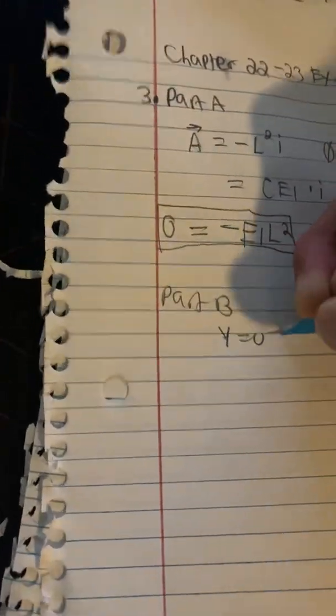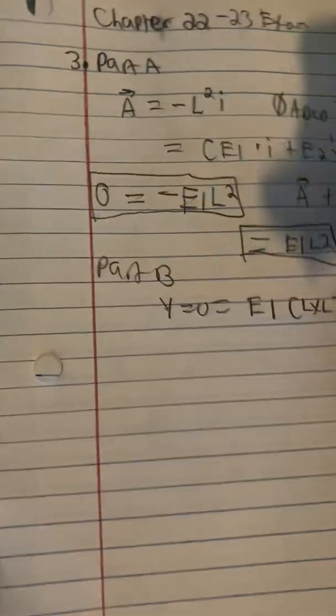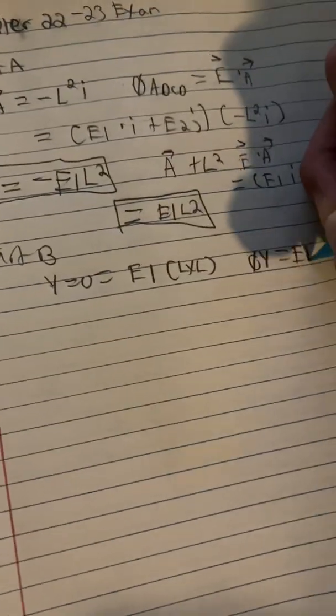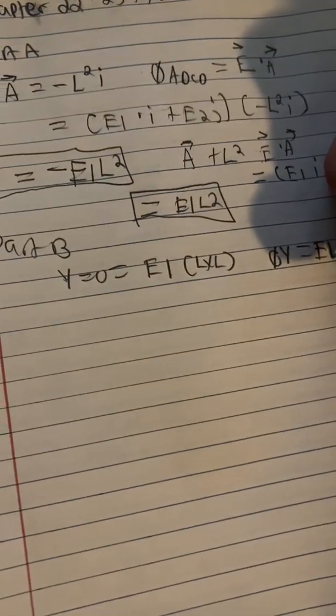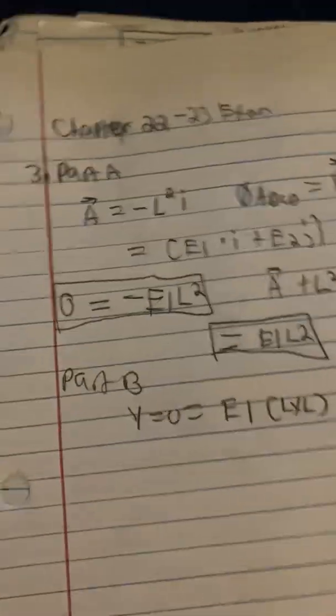y equals 0 equals E1 L times L. Y equals E1 L squared.